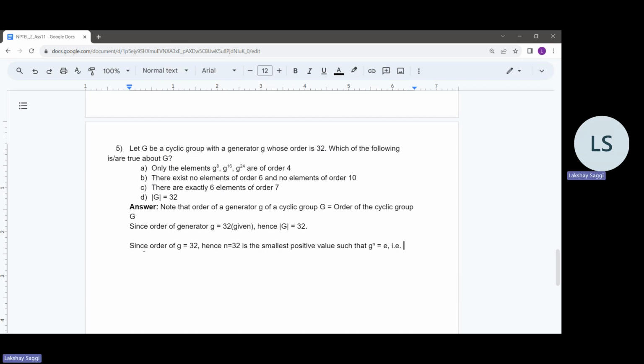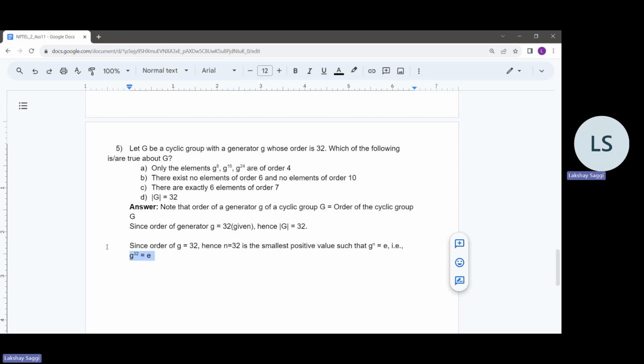Essentially, g raised to the power 32 is equal to the identity element e.